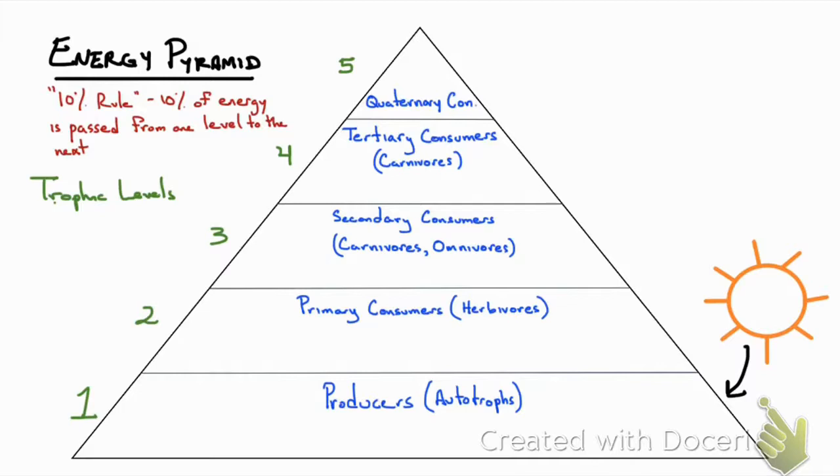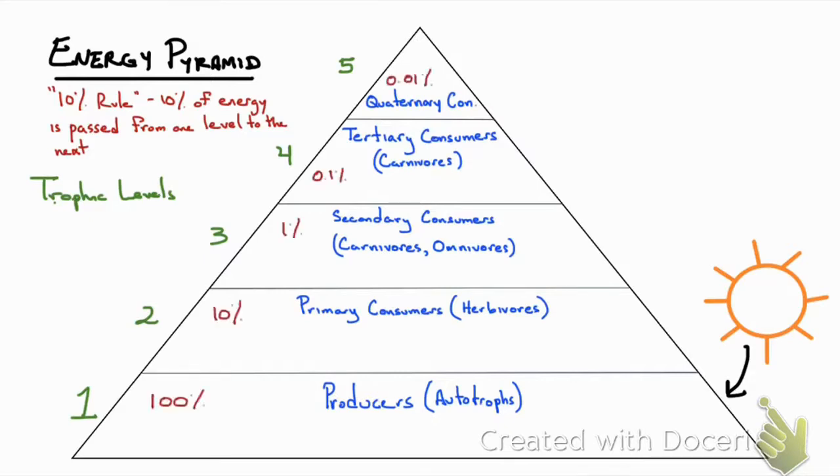Now, energy pyramids follow what we call a 10% rule, and this rule basically defines the movement of energy throughout an ecosystem. Recall that this movement is in one direction from producers all the way up to quaternary consumers. And the 10% rule says that basically only 10% of the energy is passed from one trophic level to the next.